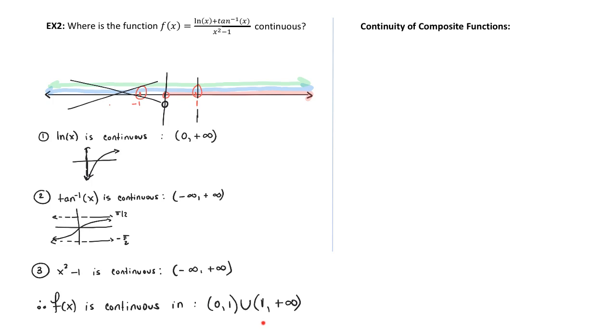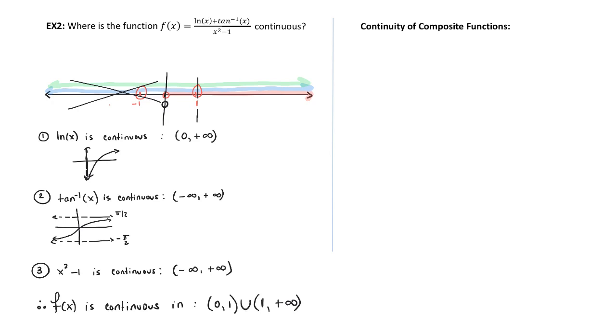This is where f of x is continuous because this is where all three functions feel happy together. This is exactly where all of the three functions can operate in any x value.